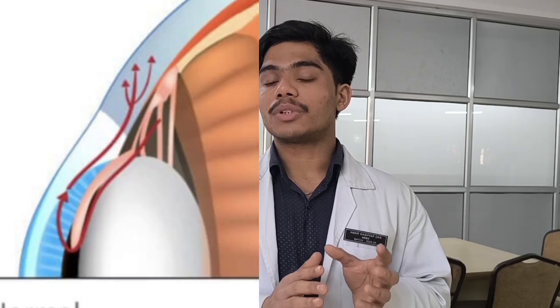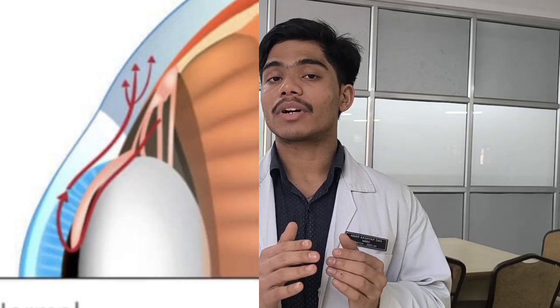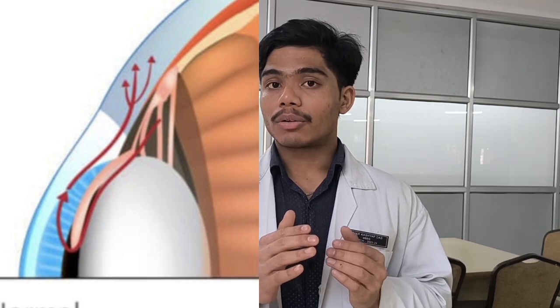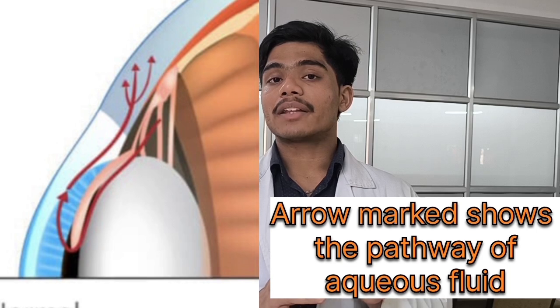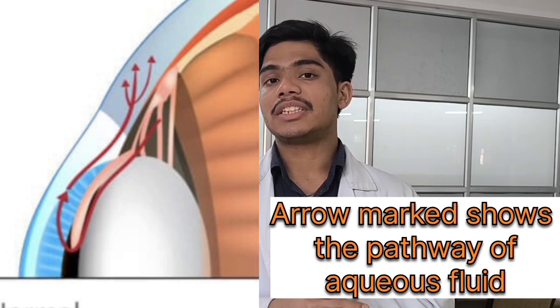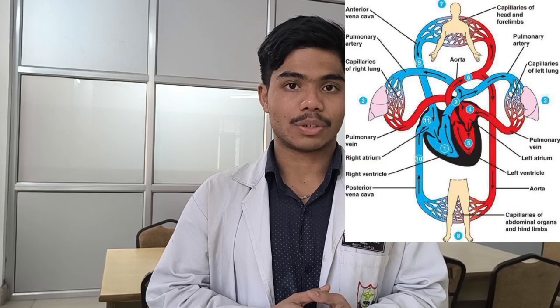So now I am going to discuss the normal physiological process of aqueous fluid. Since this angle of the eye always remains in the physiological range of 5 to 22 degrees in a normal person, the drainage canal of the eye always remains open, and this angle of the eye also does not become narrow or widen. So the aqueous fluid can easily exit the eye through this drainage canal and go into the systemic blood circulation.